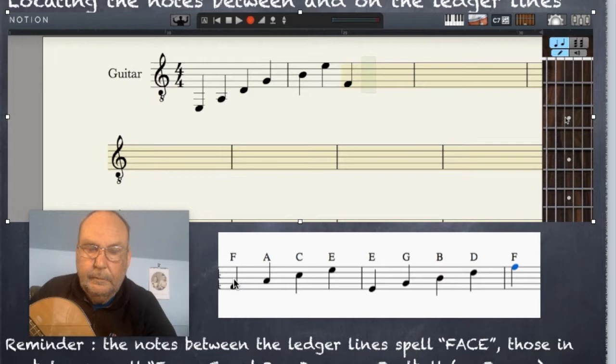It's F. The next note I'm going to add is on the 3rd string on the 2nd fret, and it is A. The next note I'm going to add can be found on the 2nd string, 1st fret. That is C. And we already know E is the open string.